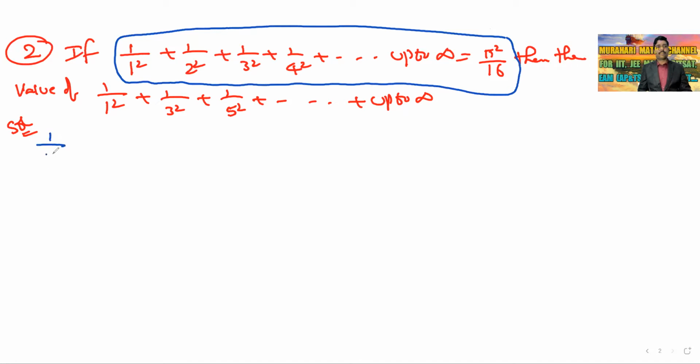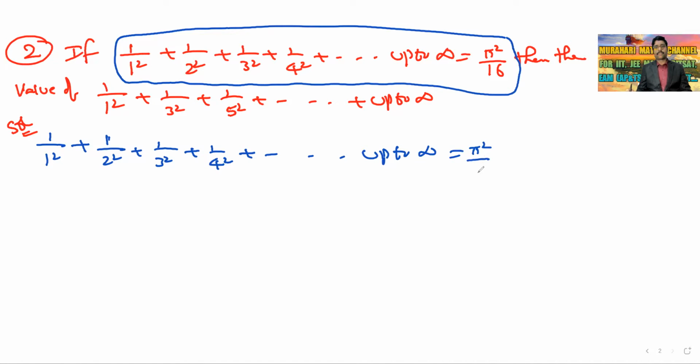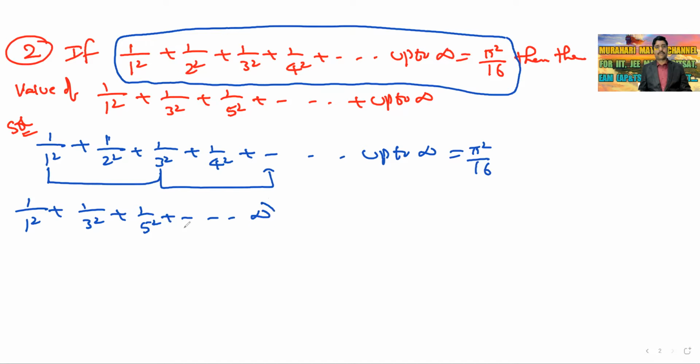1 by 1 square plus 1 by 2 square plus 1 by 3 square plus 1 by 4 square and so on up to infinity equal to pi square by 16. Okay. So let us take 1 by 1 square plus 1 by 3 square plus 1 by 5 square and so on up to infinity.